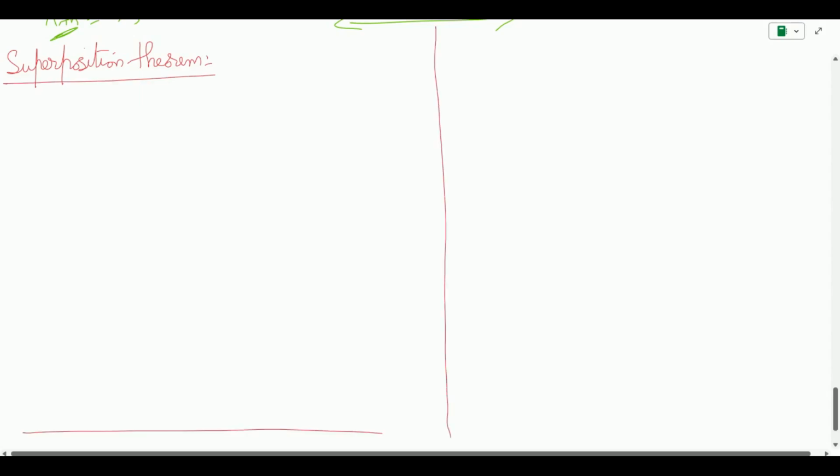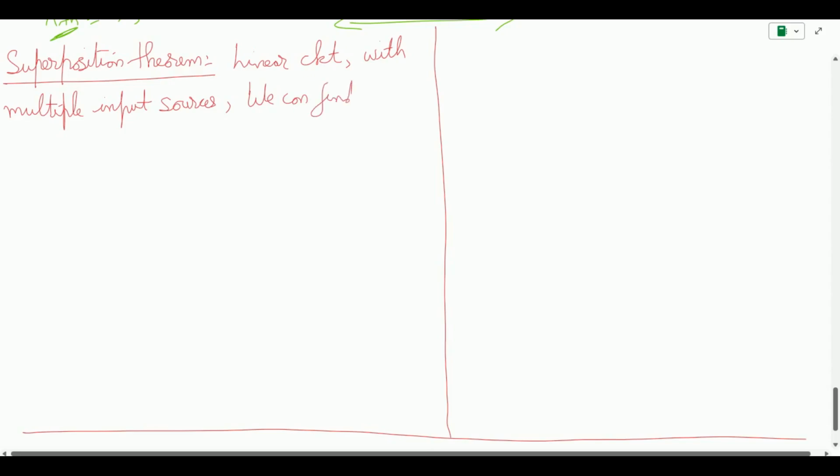It says that if we have a linear circuit with multiple input sources, we can find the total response of the system by summing the individual behavior of the sources.